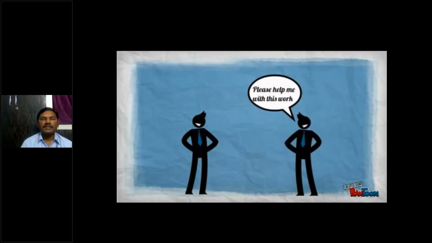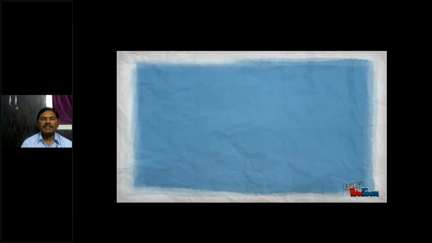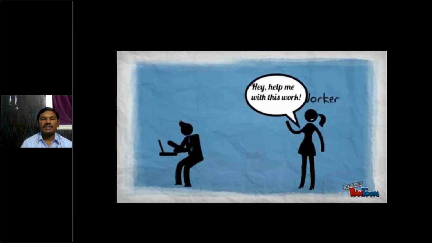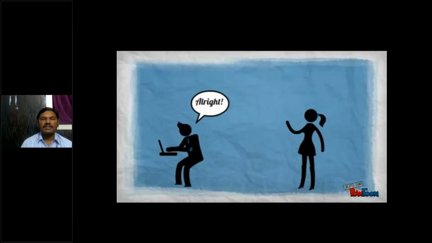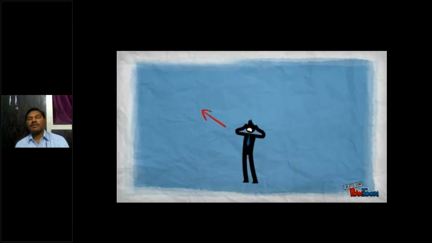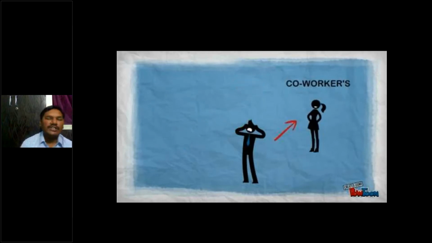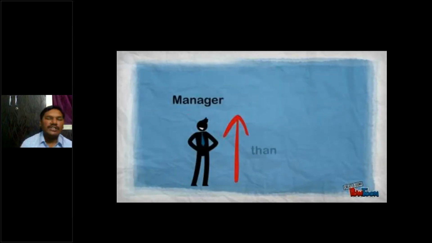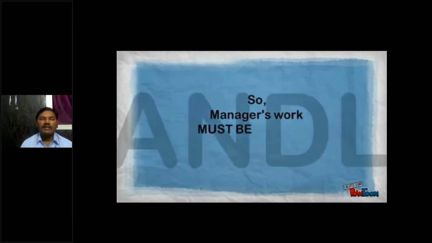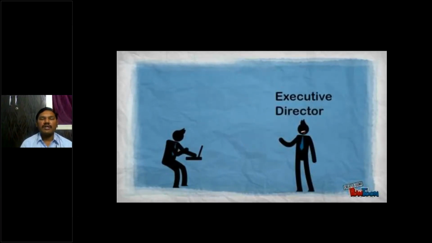The manager is asking the worker, please help me with this work. And he said okay. Then he keeps on working. Then a co-worker came: hey, please help me with this work. He said all right, but we will not do it right now. He is thinking, first I have to do the manager's work or the co-worker's work? He thinks that the manager has higher priority than the co-worker. Then he starts doing the work of the manager.